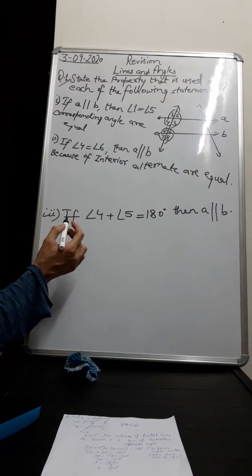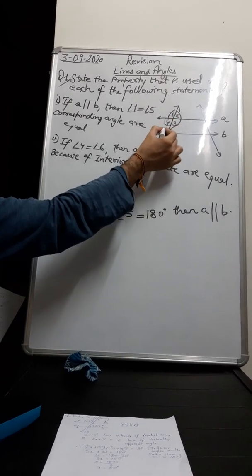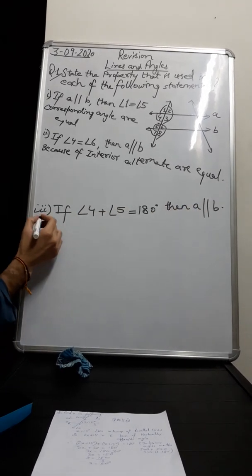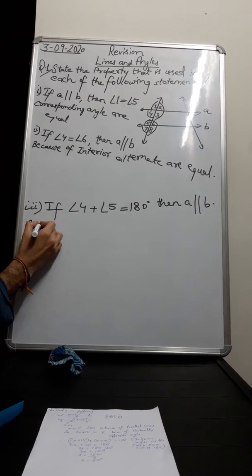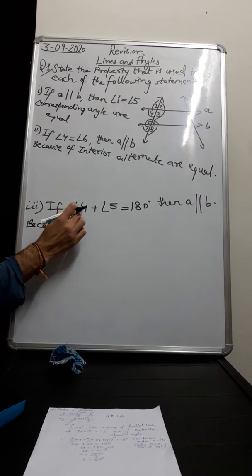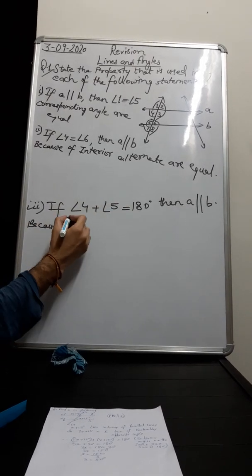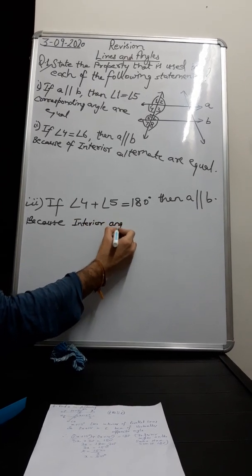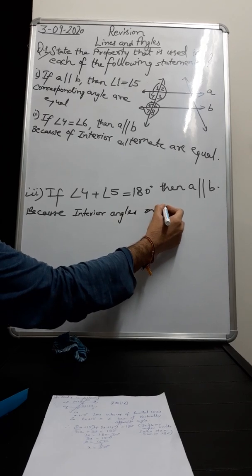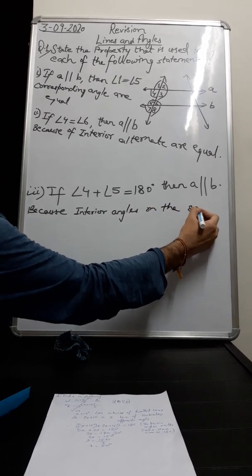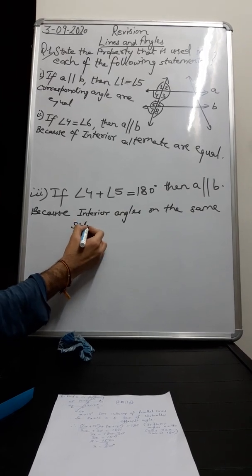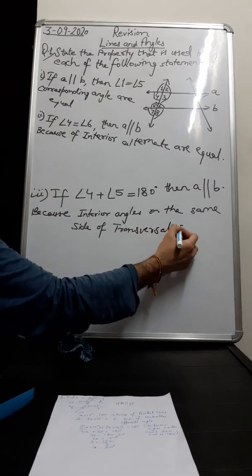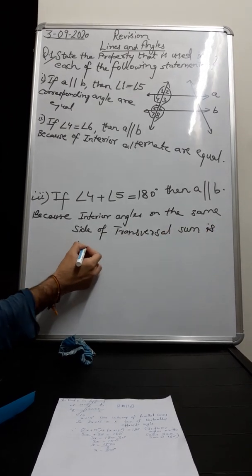Third part is, if angle 4 plus angle 5 equals 180, then A is parallel to B. Here, angle 4 plus angle 5 equals 180 because interior angles on the same side of a transversal sum to 180 degrees.